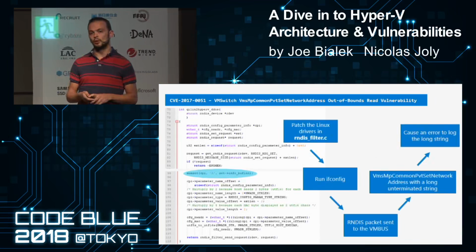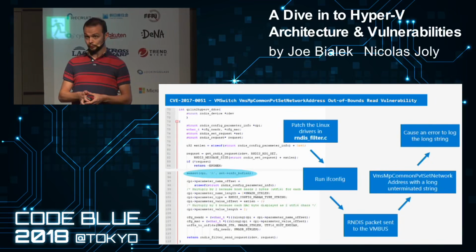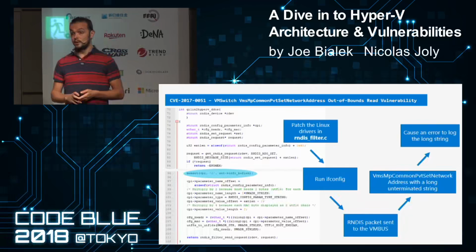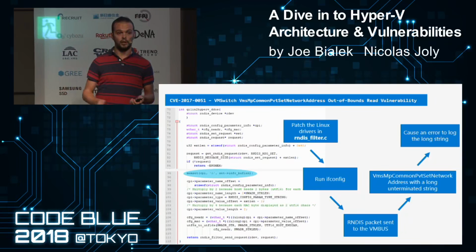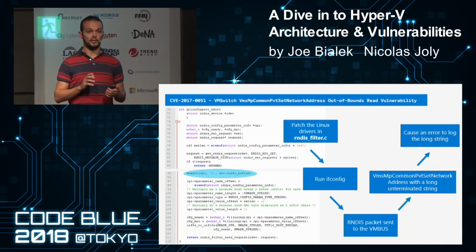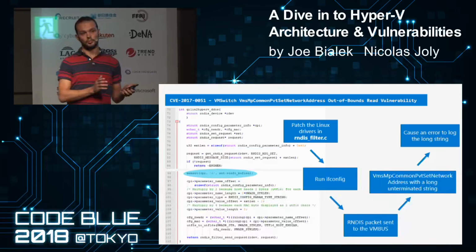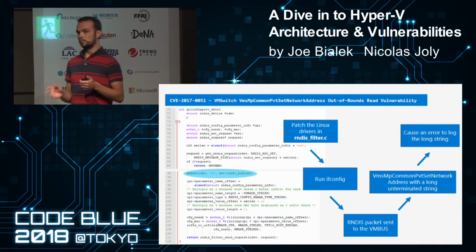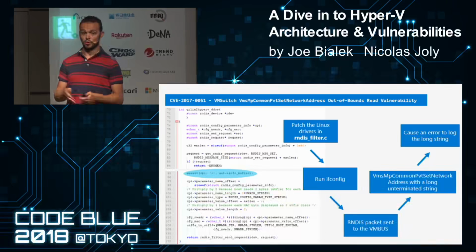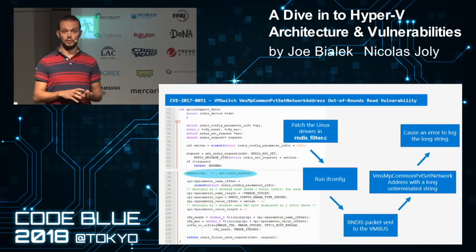So how did Peter find this bug? He was clever. As Joe mentioned, the Linux drivers are available, and that's exactly what he did. He fetched these drivers, studied them, got an idea of how they worked, and then implemented a quick fuzzer, just something sending packets to the host.